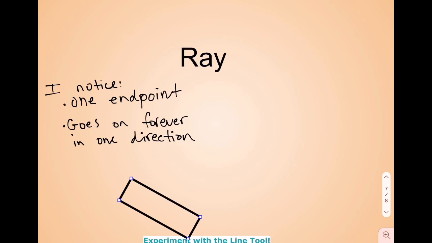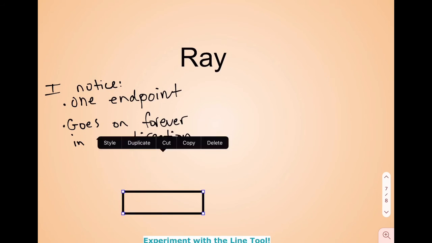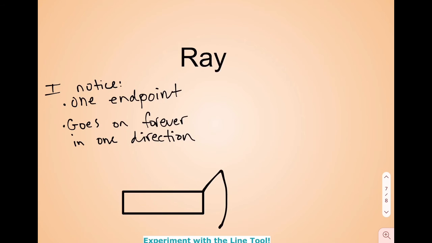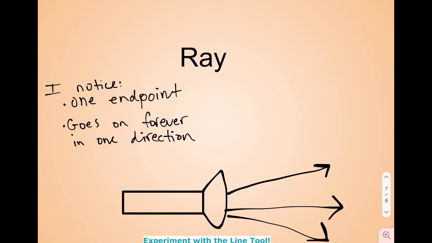And then let's see what the flashlight has. It's got a little, there we go, and it has light coming out of it this way. So notice that the light starts here, it starts in the flashlight, and it goes out that way, only in one direction.